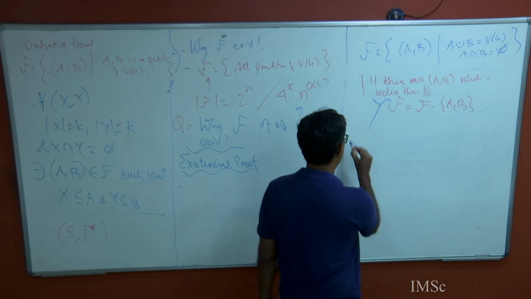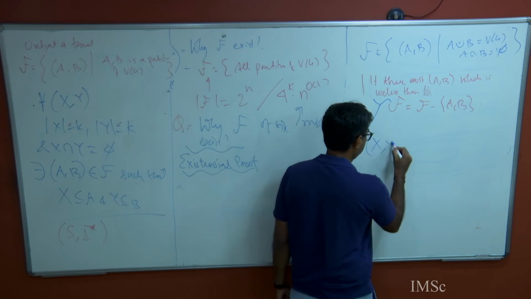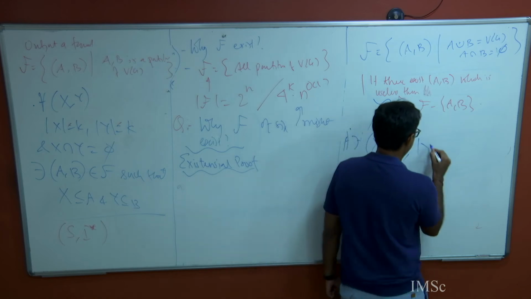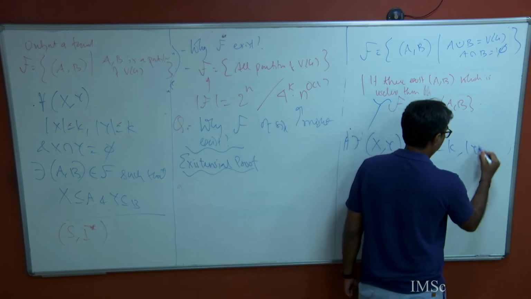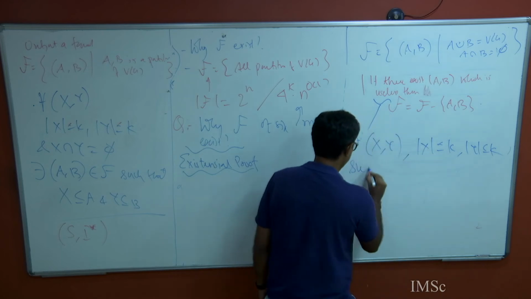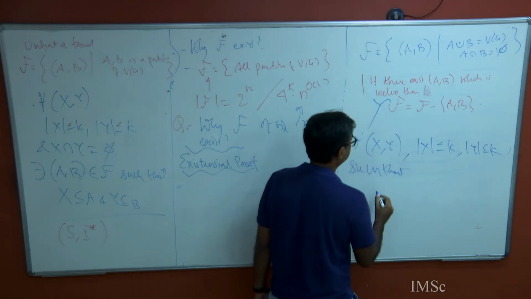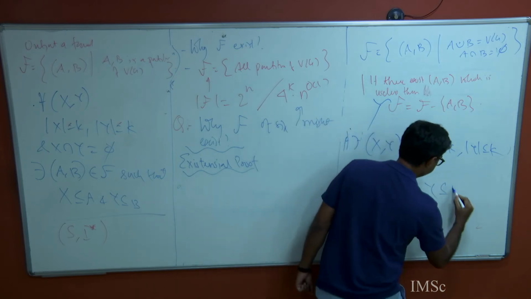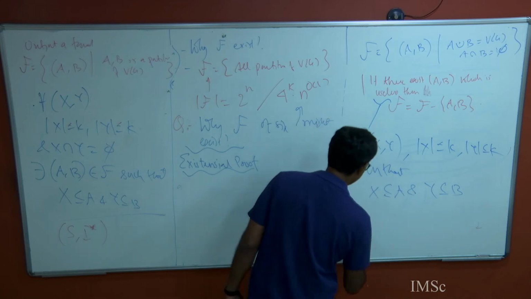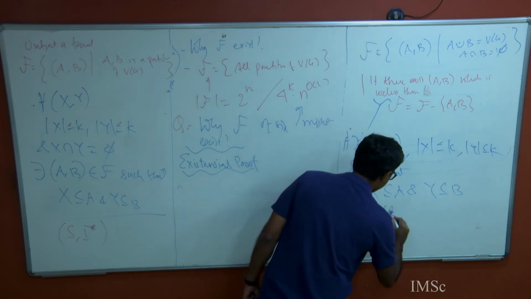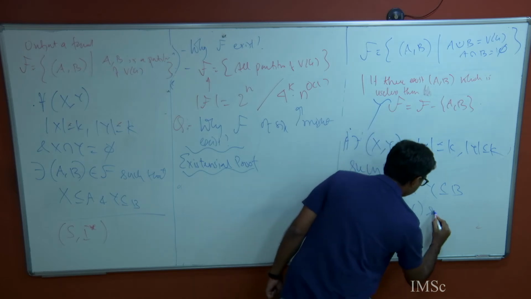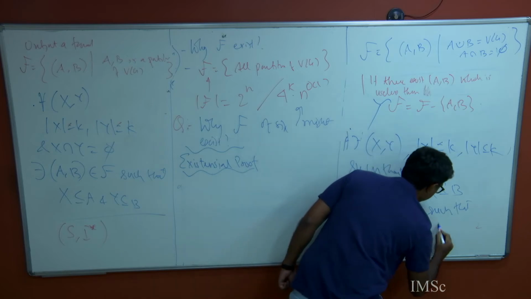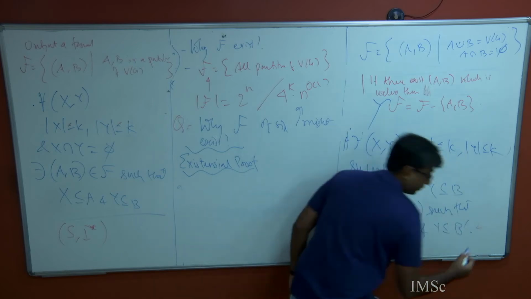For all x, y, with |x| equal to k and |y| equal to k, such that x is contained inside A and y is contained inside B, there exists another (A', B') such that x is contained inside A' and y is contained inside B'.